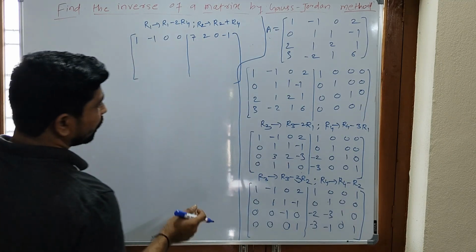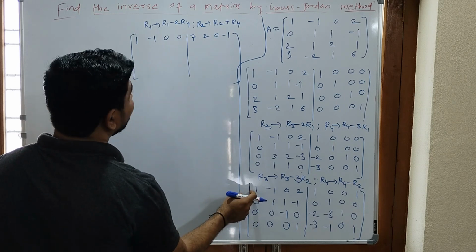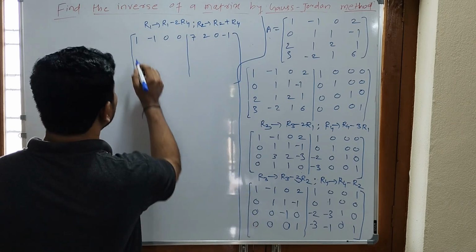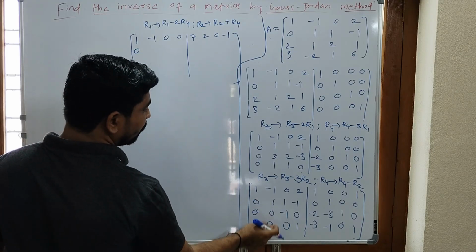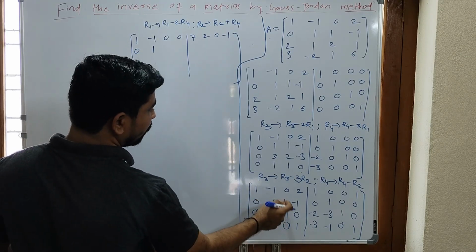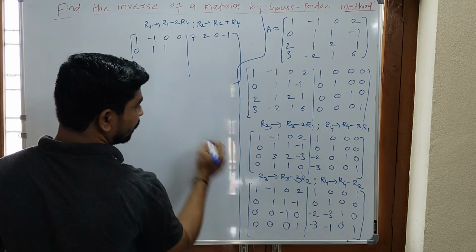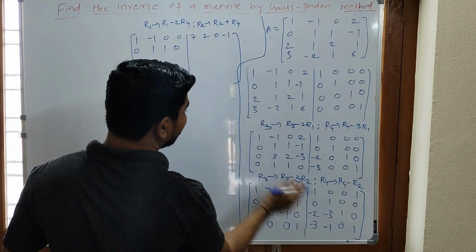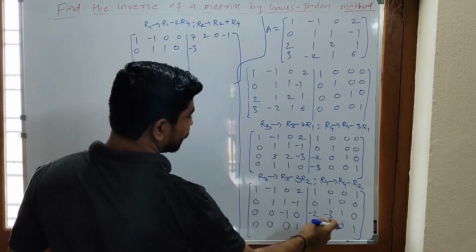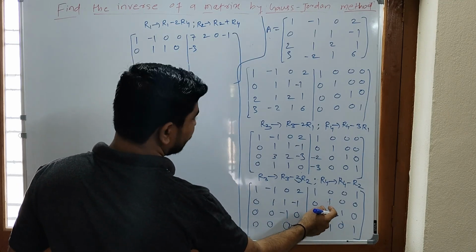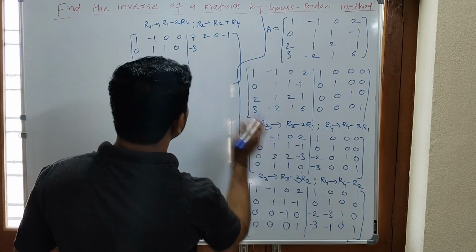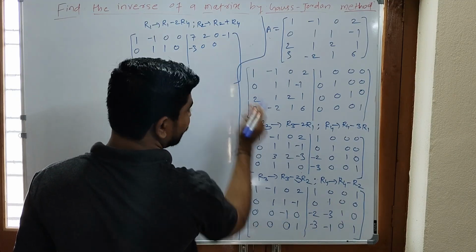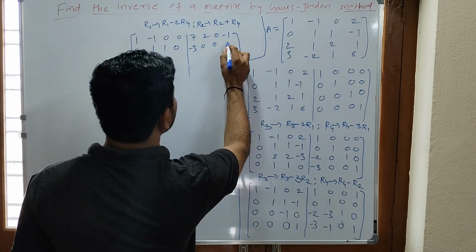Now come to the row R2. Here R2 plus R4, 0 plus 0, 0, 1 plus 0, 1, 1 plus 0, 1, -1 plus 1, 0, here 0 plus -3, -3, 1 minus 1, here 0, here 0 plus 0, 0, here 0 plus 1, here simply 1.